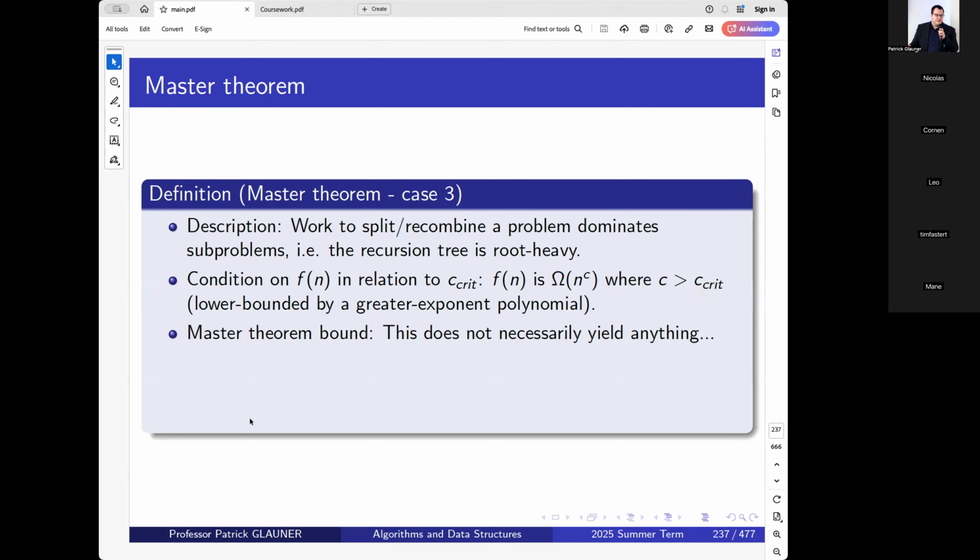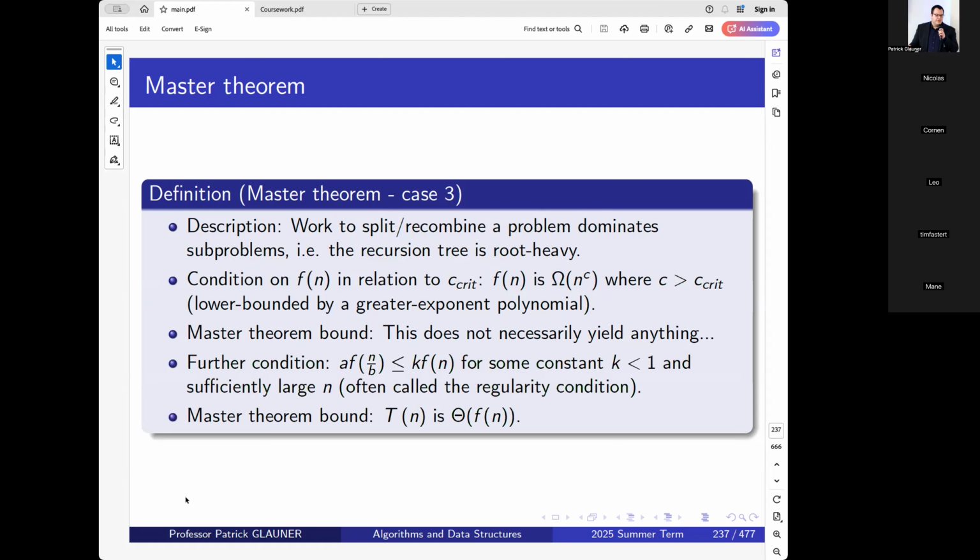If you study the master theorem in detail, you will see that this, however, does not yield anything yet because this is a lower boundary. But we need a further condition, and this further condition that we must satisfy in case 3 is that a times f of n divided by b must be less than or equal to k times f of n, where this constant k must be less than 1.